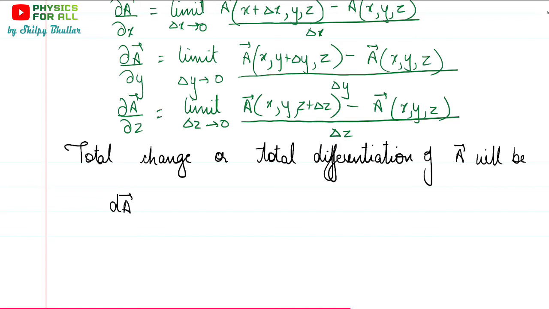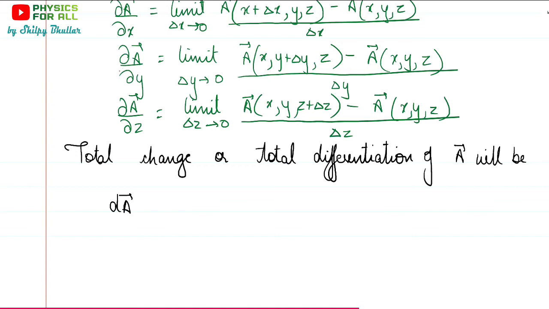But here A was depending on three quantities, so we had to take partial differentiation, partial derivative of A with respect to all those three scalars. So when something is partial, we don't use d. D is for complete, for total, and partial, which is not complete, is denoted by curly d.